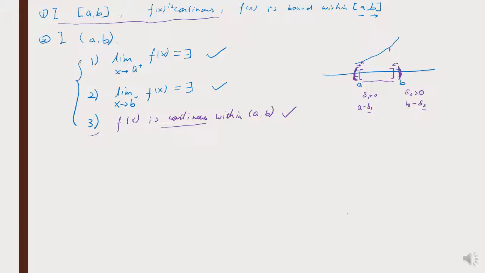For such a problem, we want to check these key points one by one. So if, for example, c has all of these 3 checkpoints, we can say that within that certain interval, the function f(x) is locally bounded, right? All right.